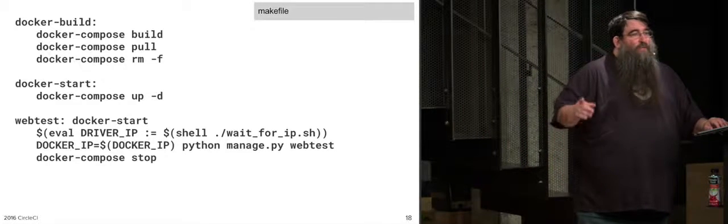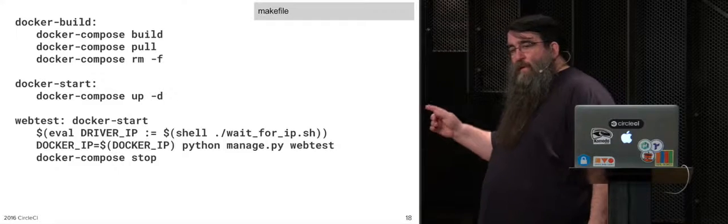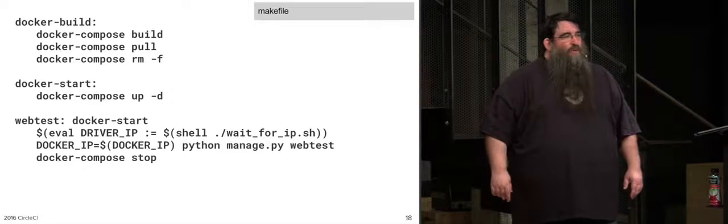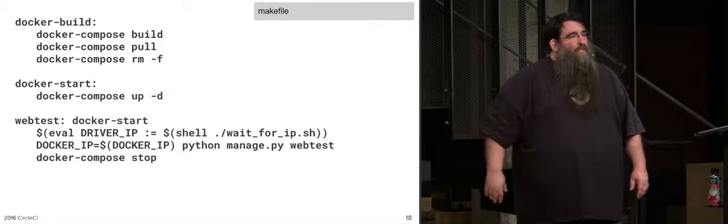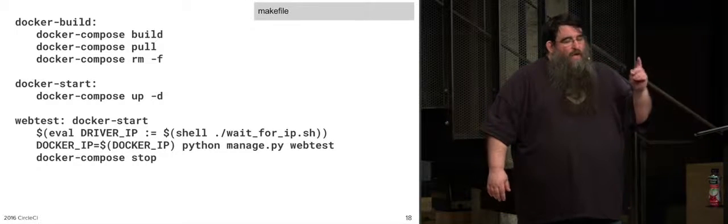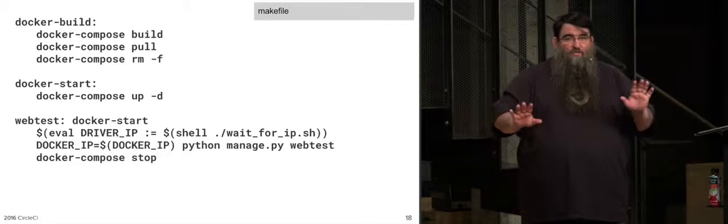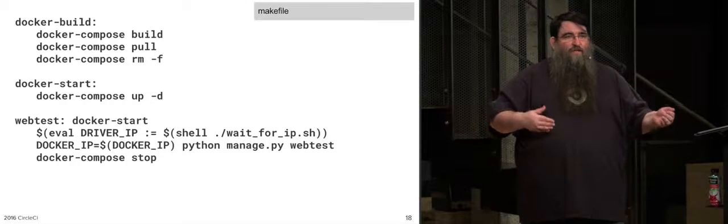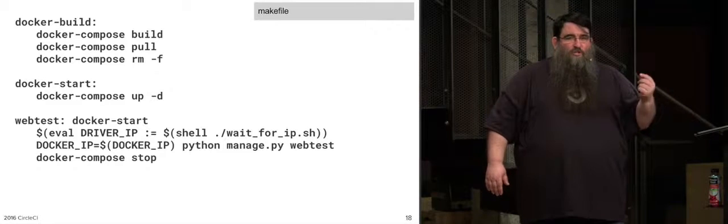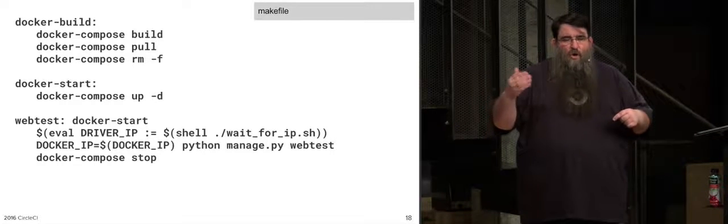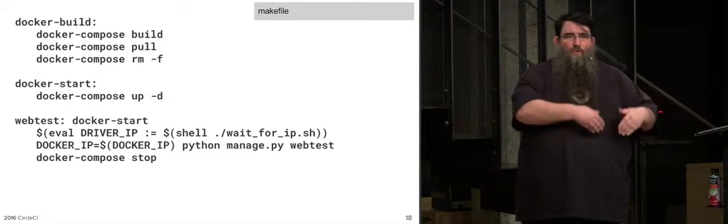The web test target, we tell it to run Docker start, and that wait for IP is a shell script, which is an interesting hack. Docker on OS X and Docker on Linux expose the IP address for the Docker machine in different ways. On OS X, it's using Docker machine to allow the Docker stack to talk to the OS X for resources.